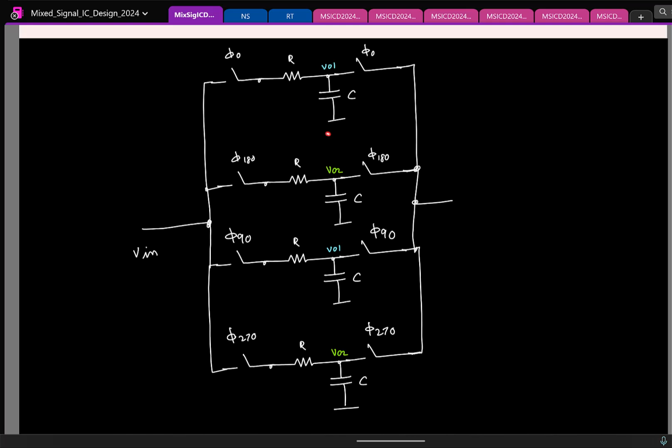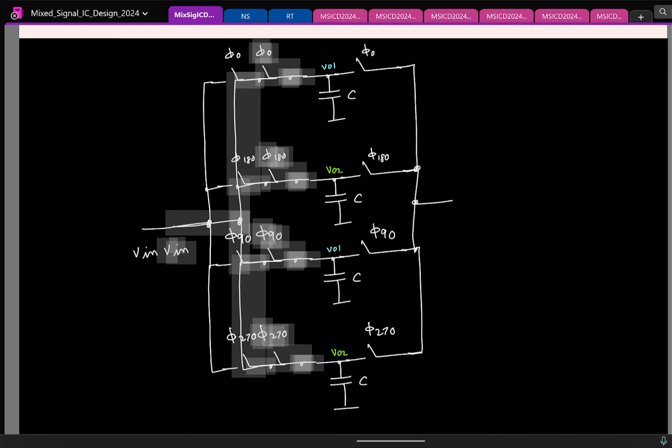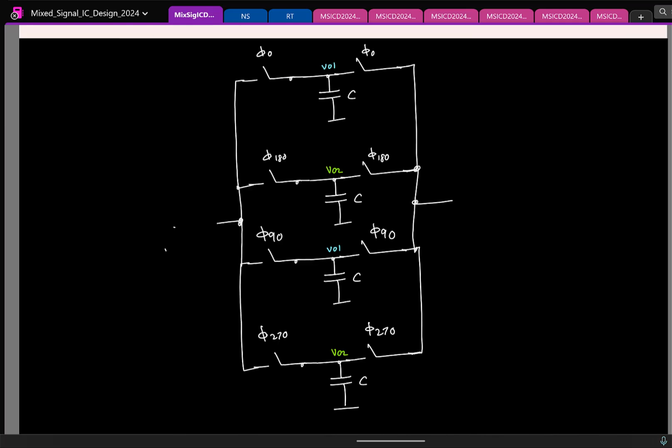Now remember, I can't do this with the capacitor because the capacitor is holding some previous information, so it is unique to each of the branches, but the resistor is common, so we can remove the individual resistors and have a common resistor at the output here.